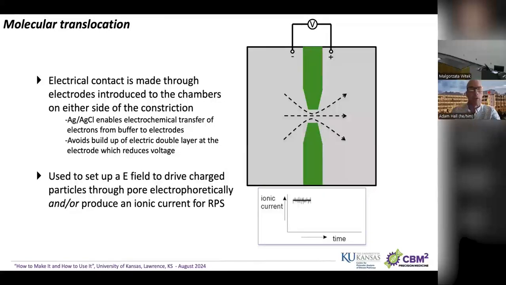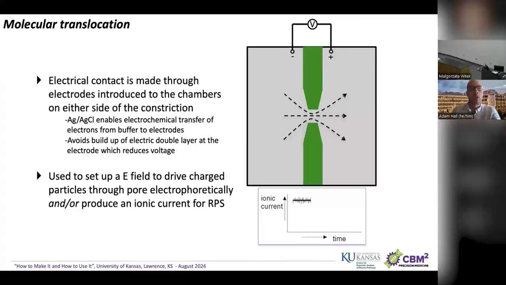So this is basically an electrochemical approach to making the transfer of electrons into and out of the solution, right? Practically speaking, all this really means is that we take silver wire and you literally can dip it in bleach or some other chemical to chlorinate the surface of that silver.